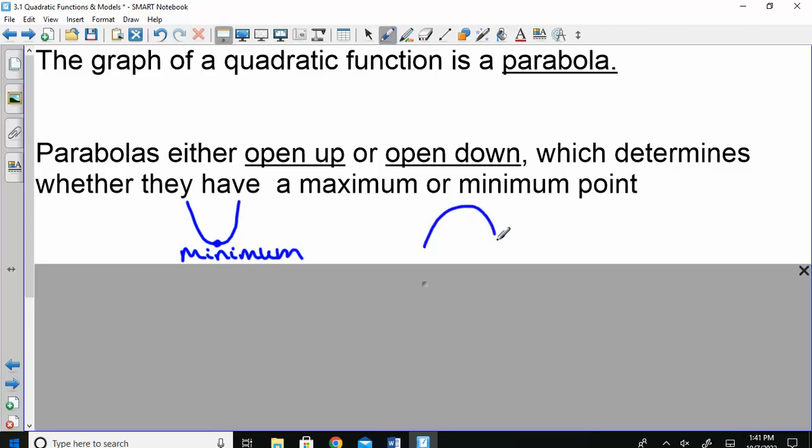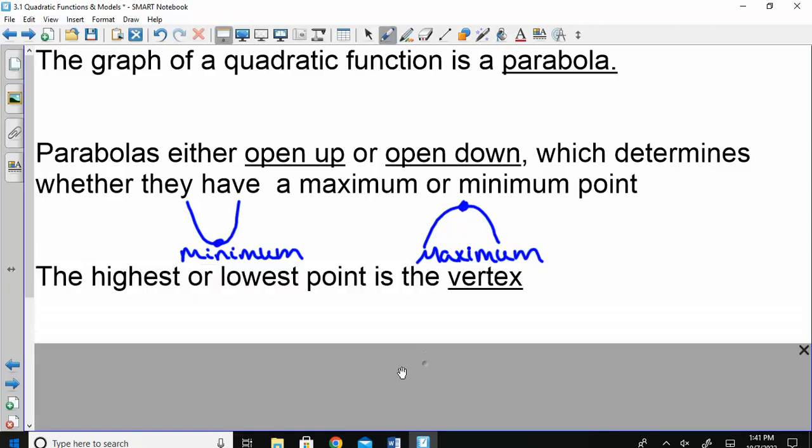If our graph opens down, then we have a maximum. What's another name for this maximum or minimum point on a parabola? Vertex, yep. That highest or lowest point is your vertex.